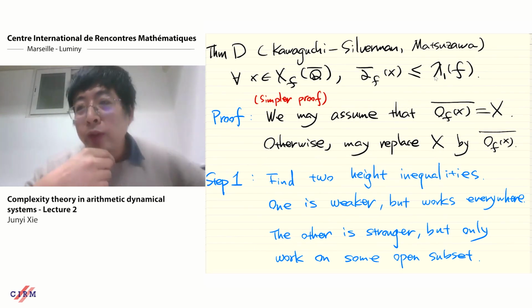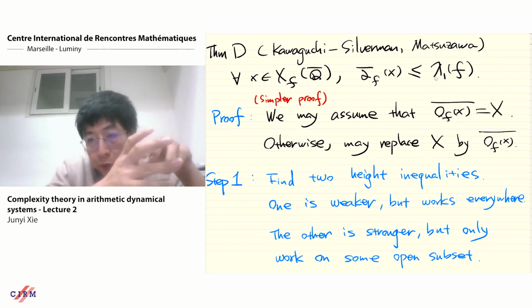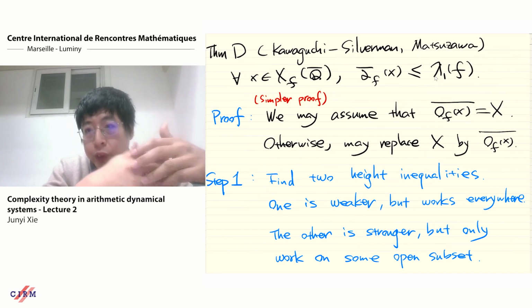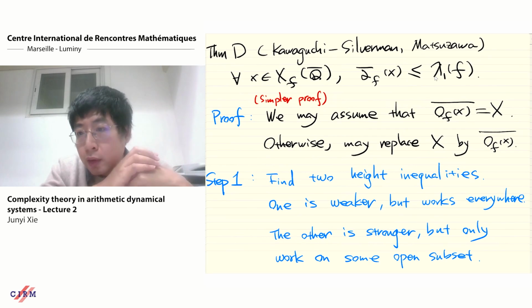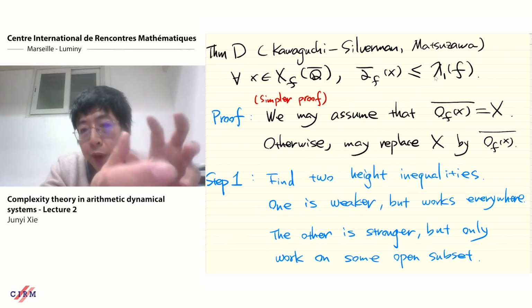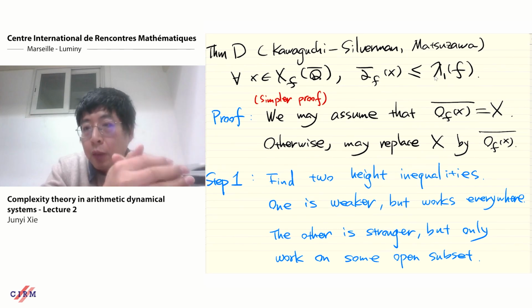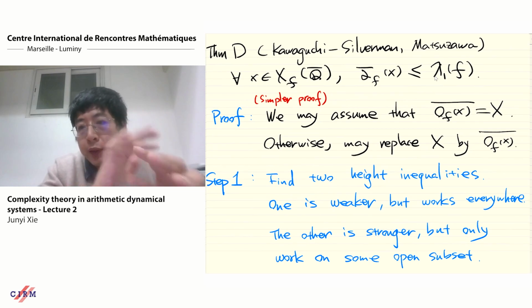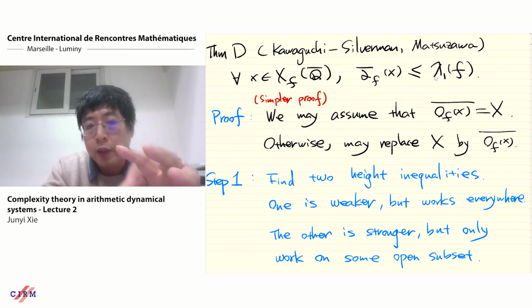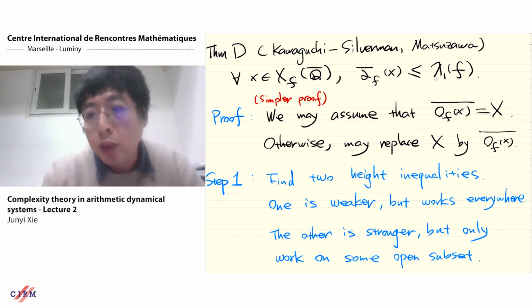Good question. So I think in this case, basically you need to generalize the definition of dynamical degree. The dynamical degree is for this whole space, and you can still define it for some invariant subspace. But in fact, for every closed subspace, even if it is not invariant, you can still try to define something very similar to the dynamical degree.